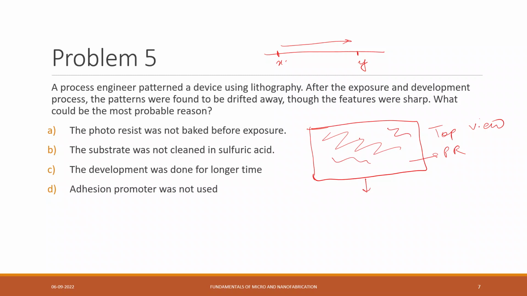So if we want a channel like this, and we use a negative photoresist, we will have a mask with these opaque regions and this transparent region, and we have this silicon with photoresist coating, PR on silicon.